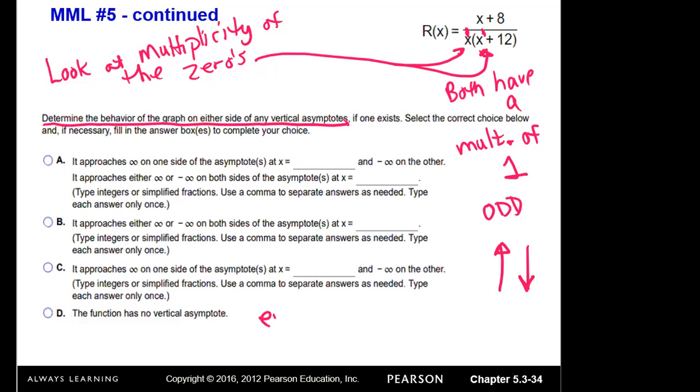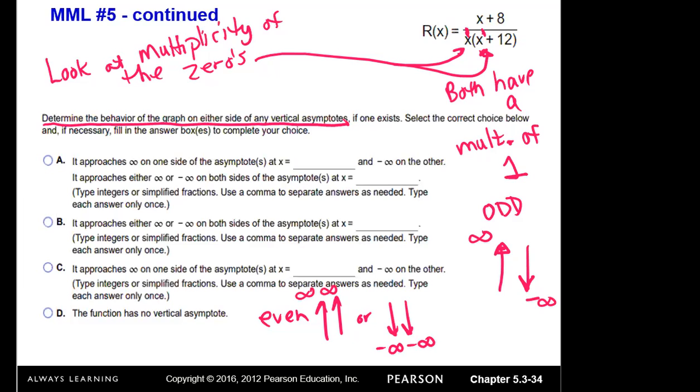If it were an even, both ends would be up or both ends would be down. So if one end is up, it's going towards positive infinity. The other end is down, it's going towards negative. If it's even, then both are going towards positive infinity or both are going towards negative infinity.